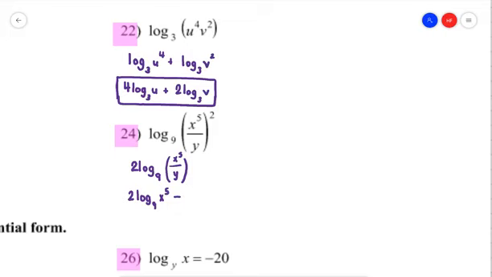And remember, both parts have this square in them. So this is 2 log base 9 of y. And now this power needs to come to the front. So we have 2 times 5, which is 10 log base 9 of x minus 2 log base 9 of y.